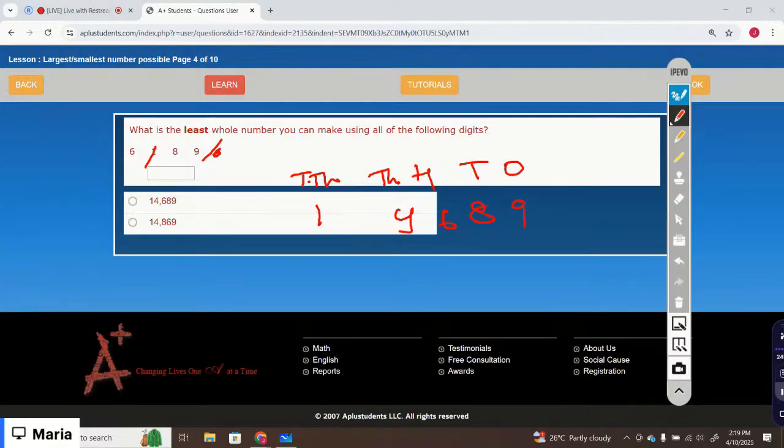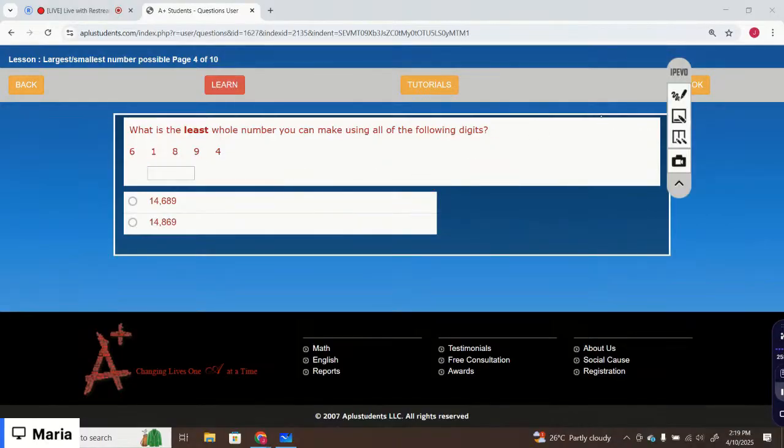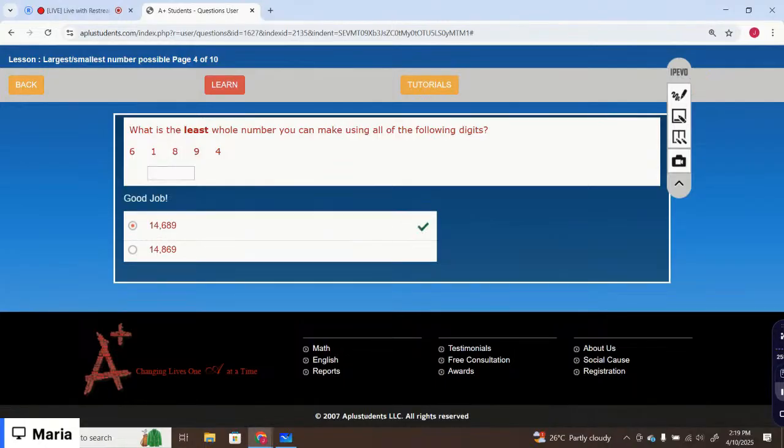Then you have 8, and then 9. That is 14,689. Option number 1 is the correct option.